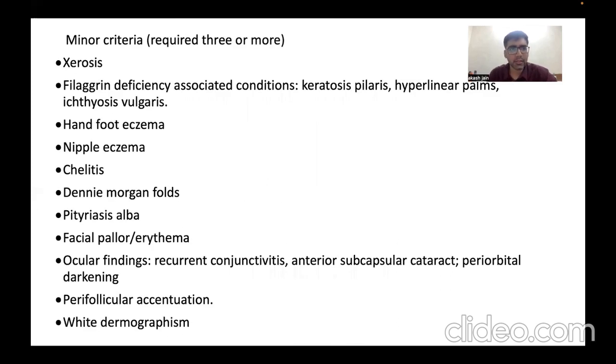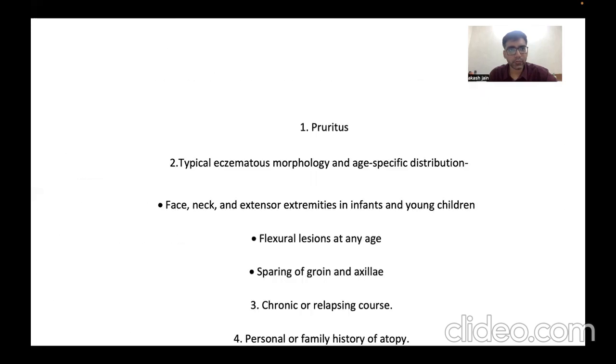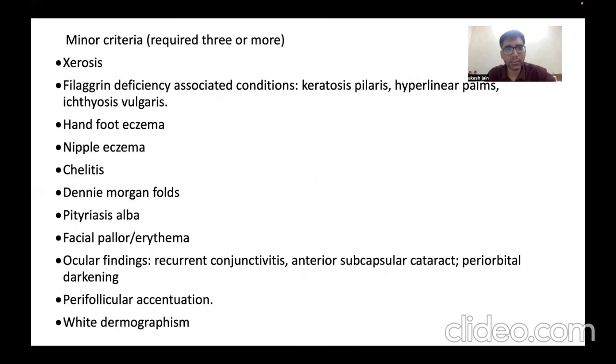Now, what is the minor criteria? So this was the major criteria. And what is the minor criteria for atopic dermatitis according to Hanifin and Rajka? In minor criteria, it requires a minimum of 3 or more.